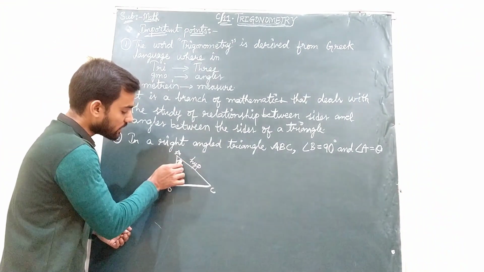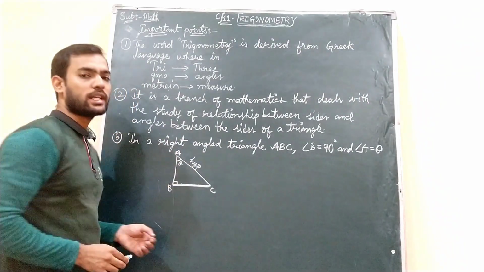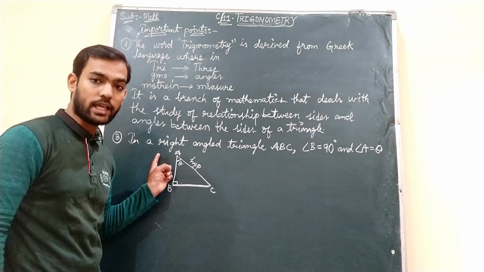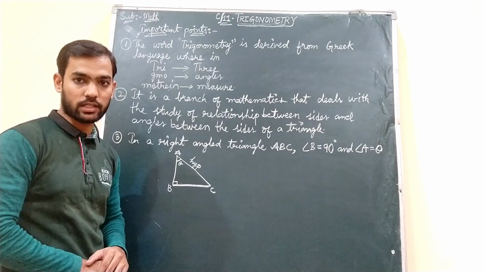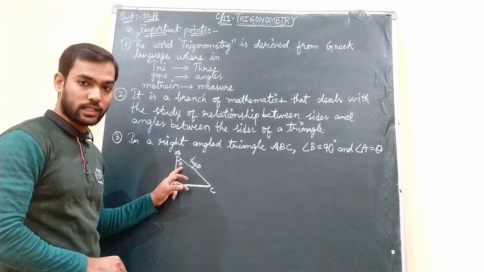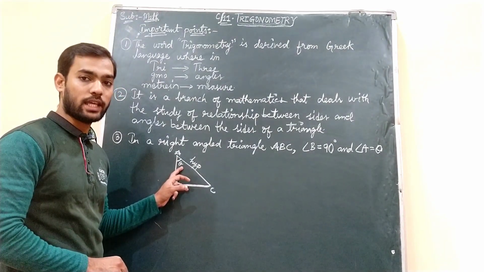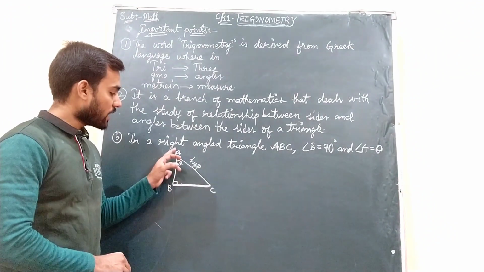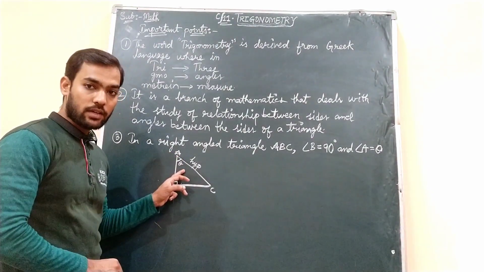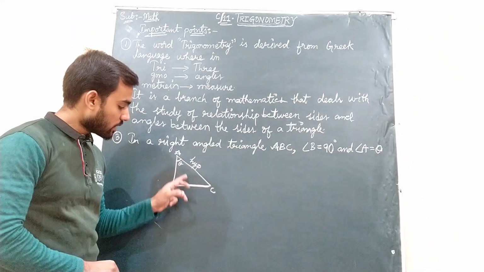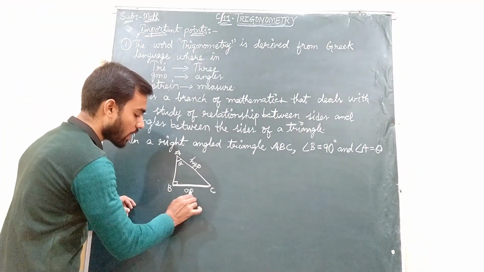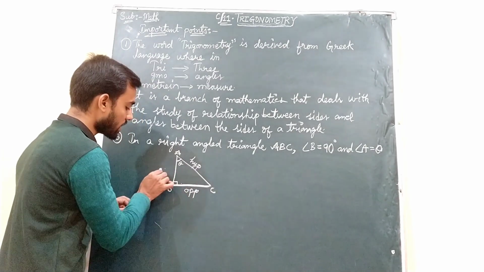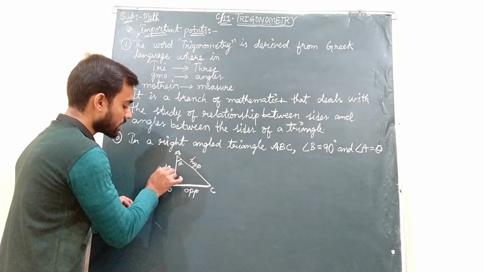With respect to angle A we will be writing the 6 different trigonometric ratios here. As angle A has theta, which side is opposite to it? BC is opposite to this theta. That is the reason this side is your opposite side, and the third side will be your adjacent side.